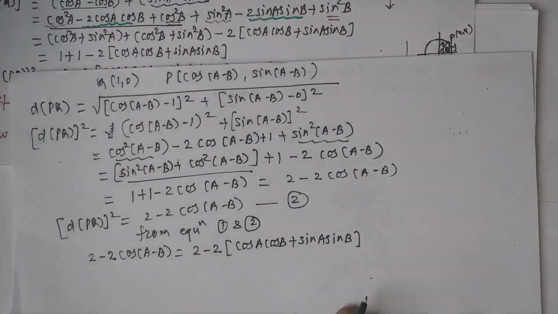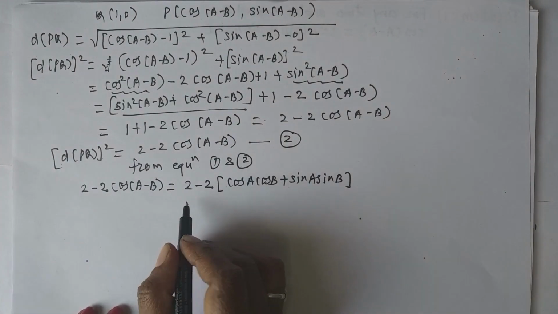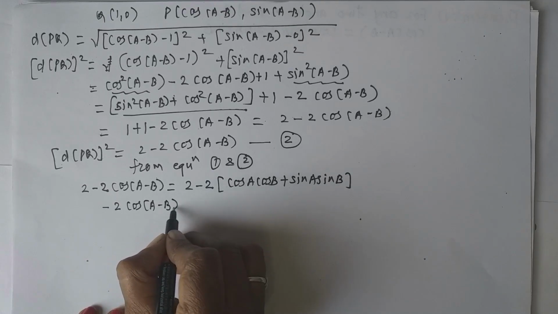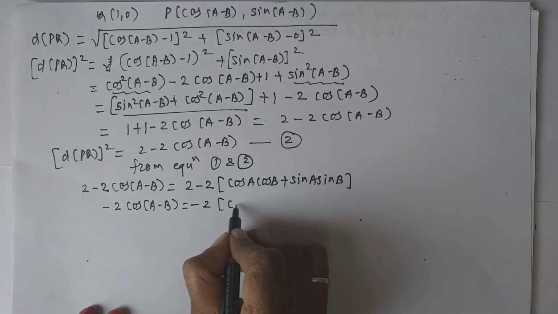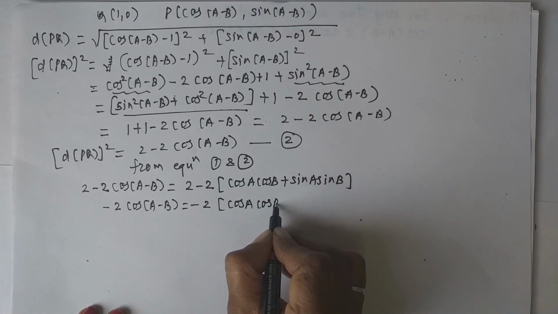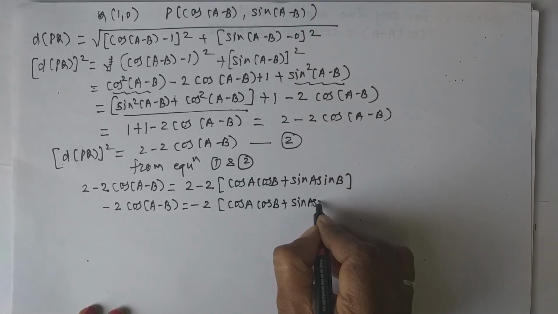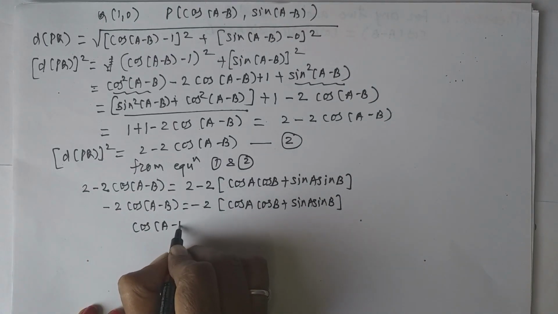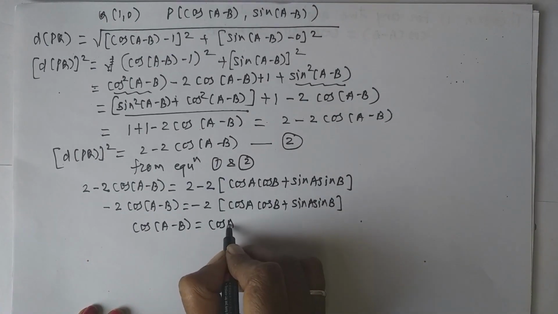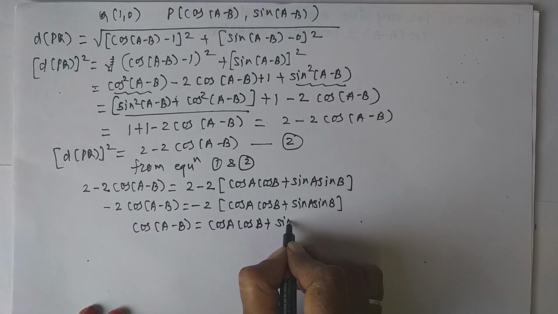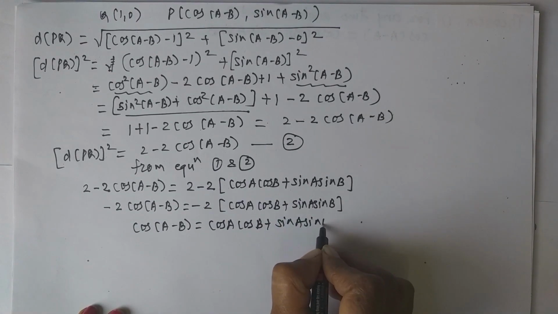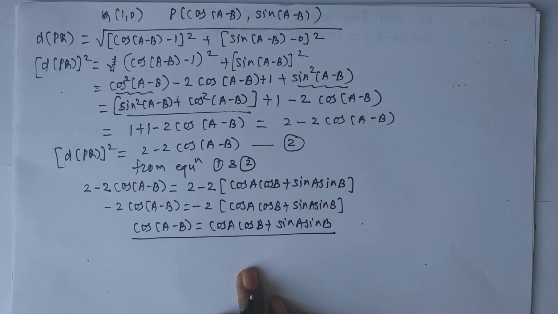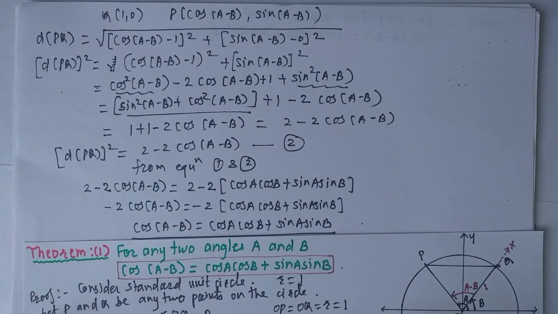Now, we will simplify this. This 2 will get cancelled. This will be minus 2 cos(A minus B) is equal to minus 2 in the bracket cos A cos B plus sin A sin B. Now in the next step you cancel this minus 2 and you will get cos(A minus B) is equal to cos A cos B plus sin A sin B. And this is nothing but the formula which we have to prove.